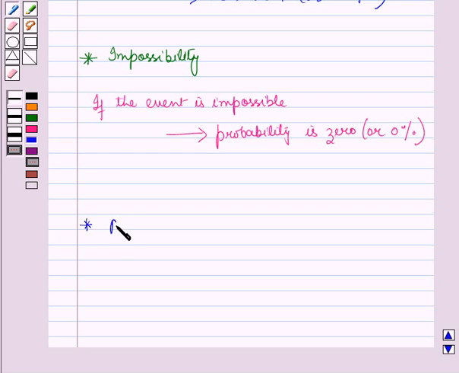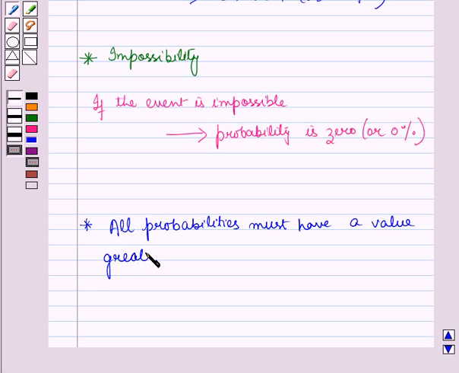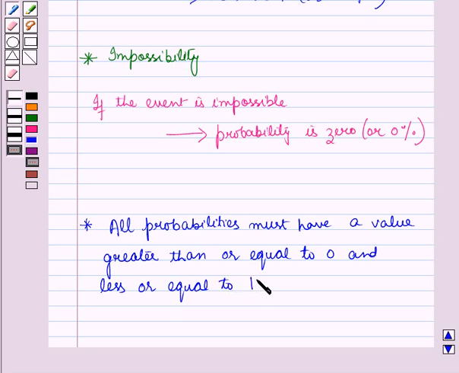Now, all probabilities must have a value greater than or equal to 0 and less than or equal to 1.